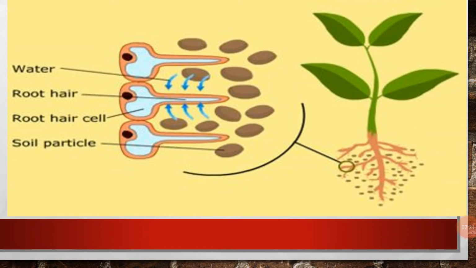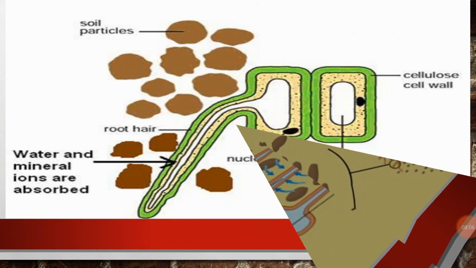Okay, this is the diagram which represents the root hair cell. This place is further given in explanation mode here: water particles are here, root hair cells are present, and look at this one, how these root hair cells are absorbing the water and other minerals from the soil, and these are the soil particles.